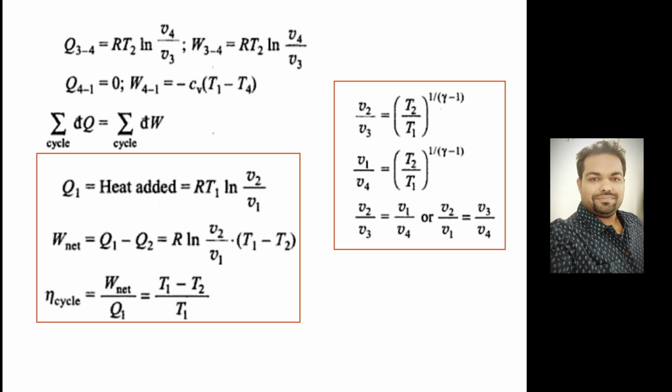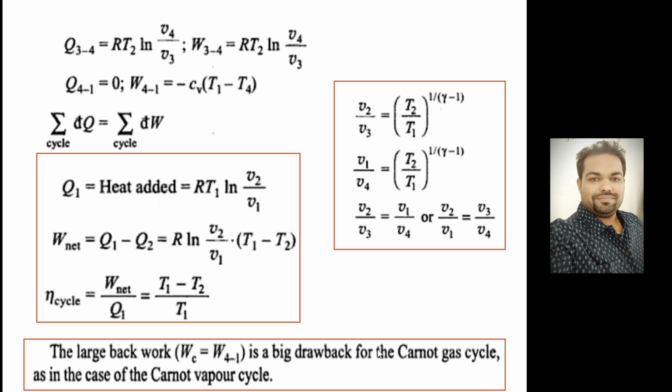Another important output of this cycle efficiency is that the efficiency of the cycle is a function of temperature alone. So the highest temperature that you are obtaining in the combustion will have a direct impact on the cycle efficiency.